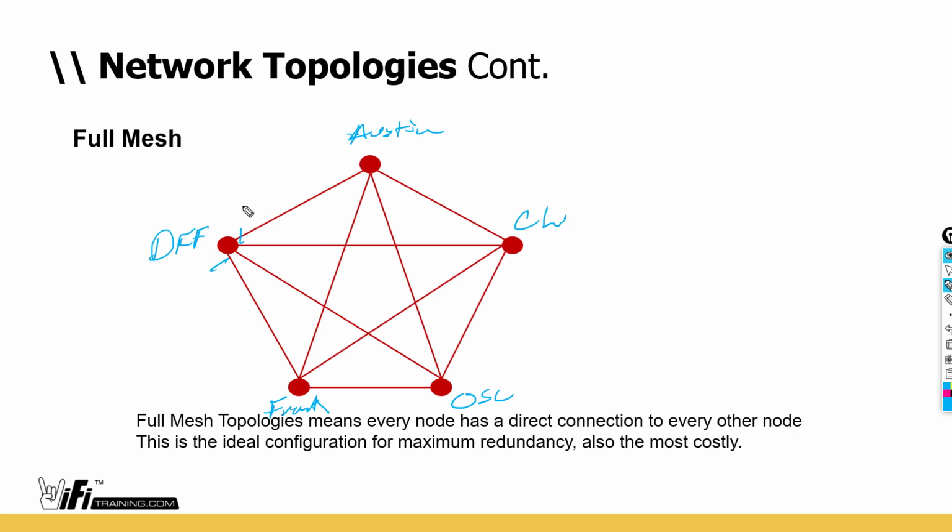So this gives us the most redundancy, but it also comes at a much higher cost, because that means I have to purchase circuits to each one of these sites. So for every site, they would need 4 other circuits to be able to have a full mesh topology. That gets expensive.